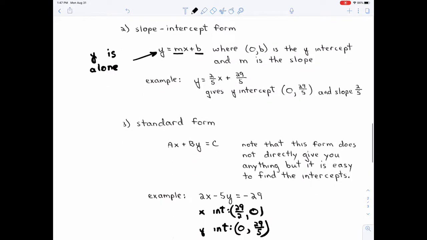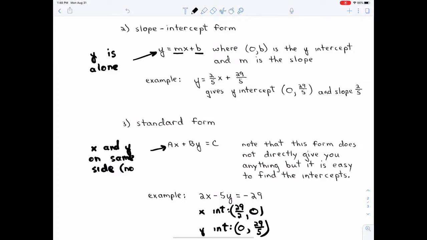Standard form. What makes the standard form the standard form? X and y on the same side of the equation. Okay? That's what makes standard form standard form. And let me just mention something else for reasons I'll get to in a second.